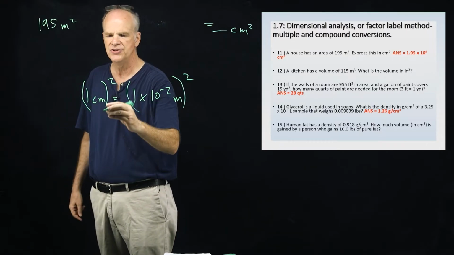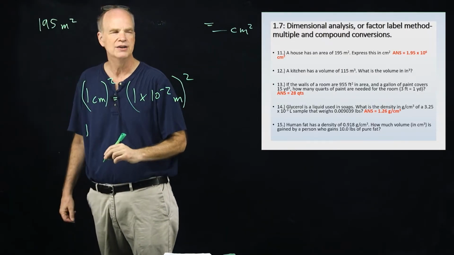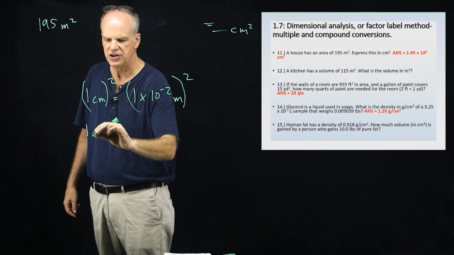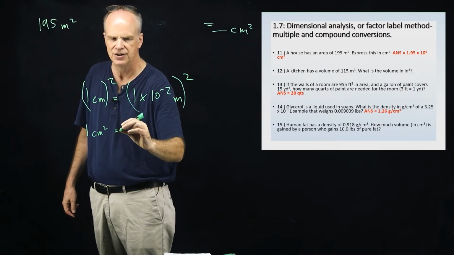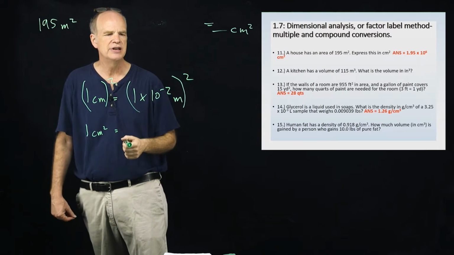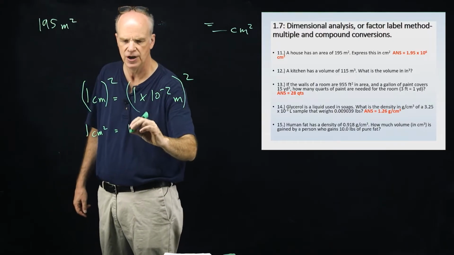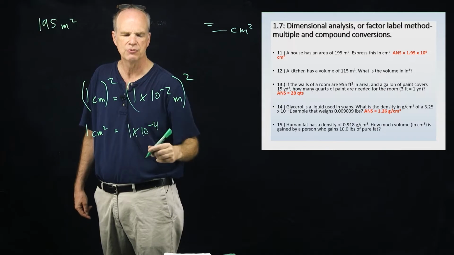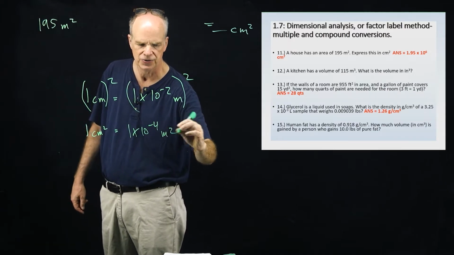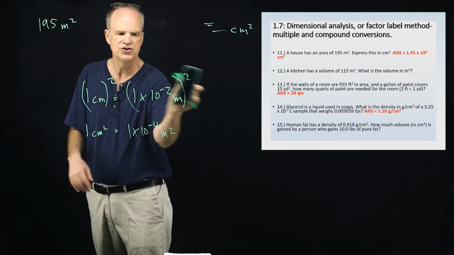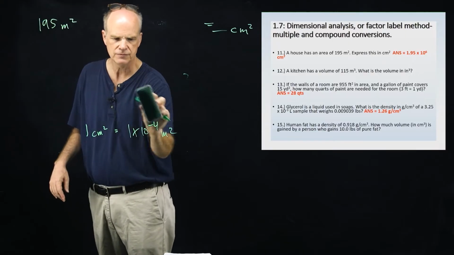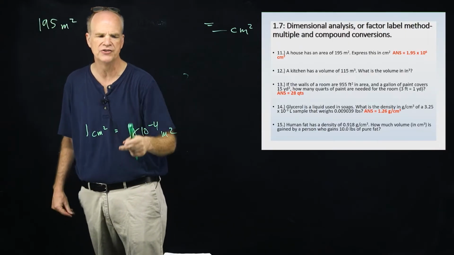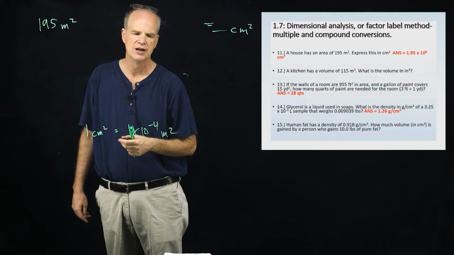So 1 squared is 1. Cm squared is just cm squared. 1 times 10 to the negative 2 squared is 1 times 10 to the negative 4. And then meter squared is just meter squared. So at this point, this conversion should work: 1 cm squared is equal to 1 times 10 to the negative 4 meters squared.